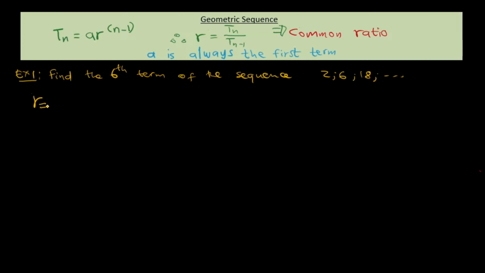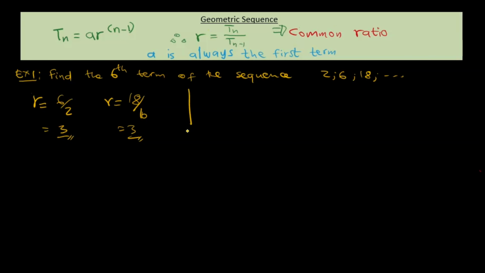So r, which is the ratio, will be term 2 divided by term 1, which is 6 divided by 2, or you can say r is 18 divided by 6. What do you get? This is 3, and this is 3. These two are common, therefore that sequence is indeed a geometric sequence.